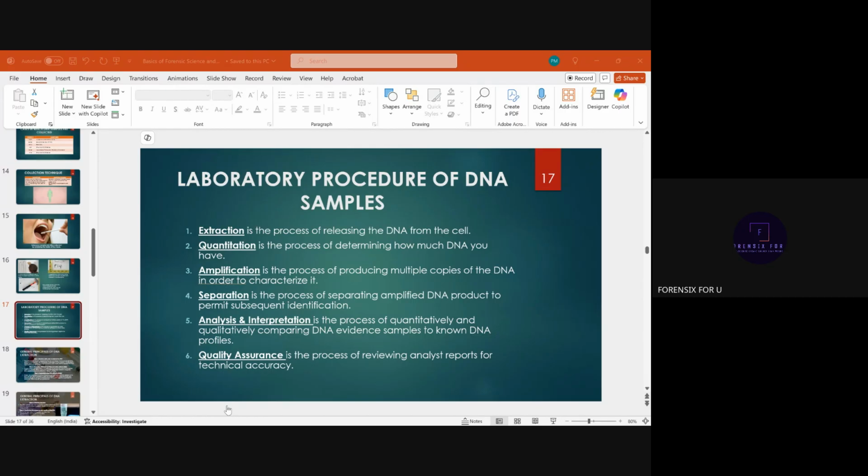So basically what we do is we extract the DNA. We quantify the amount of DNA that is present. The quantity of the DNA needs to be established, right? You cannot just extract and proceed without understanding whether there is any DNA in it or not. So you need to be very sure that there is DNA and what the quantity is.